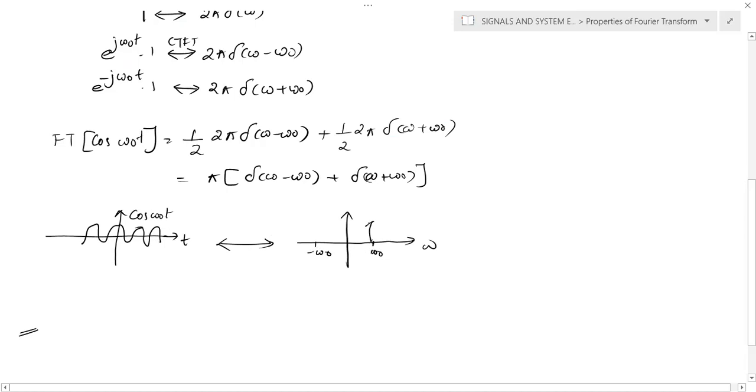You can see one signal exists at omega 0, another at minus omega 0. This is del of omega minus omega 0, and the area is pi. Here it is del of omega plus omega 0. This is the transform of the signal; the signal is x of t, and here it is x of j omega. So this is a cosine signal, and it contains only one frequency component, omega 0.